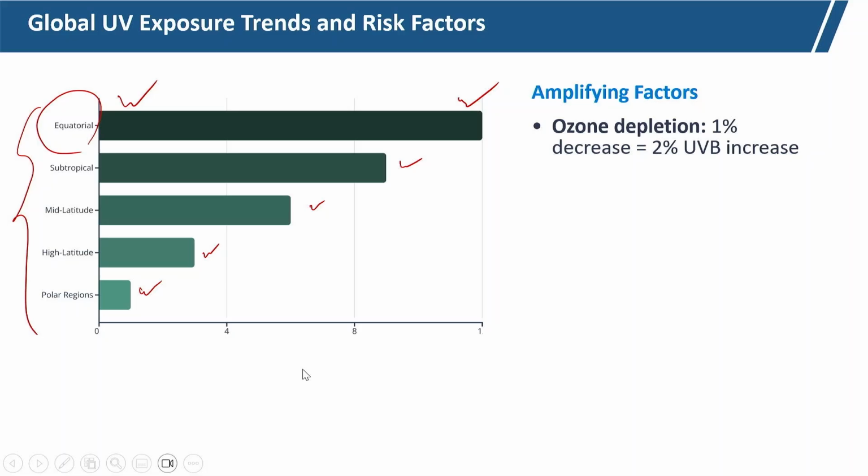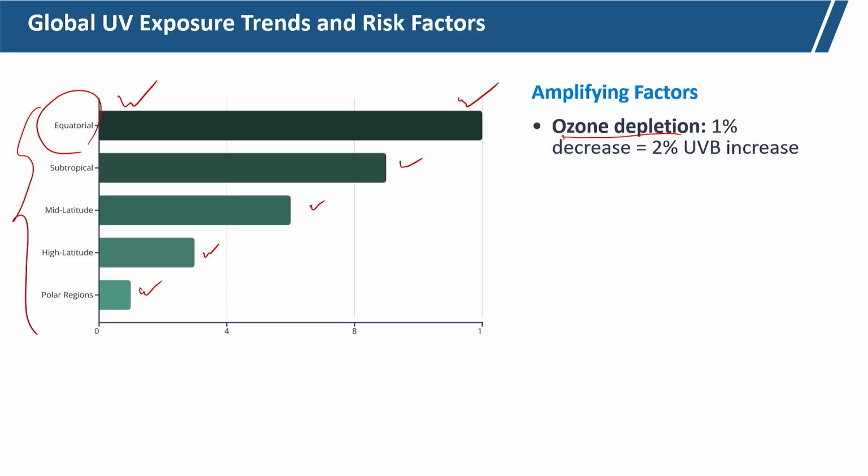Now, these exposures can be amplified by various reasons, like UV exposure will increase by depletion of the ozone layer. If an ozone hole is created, then UVB, or UVC, can penetrate easily.